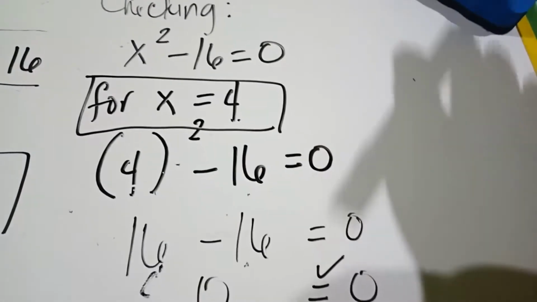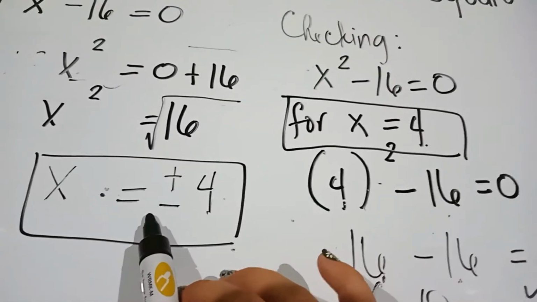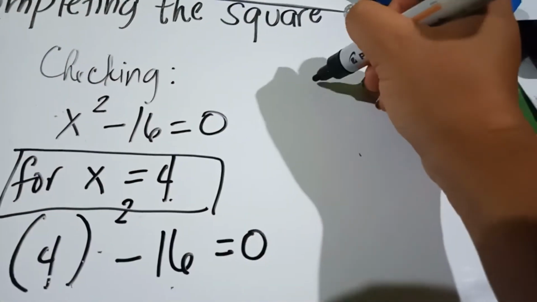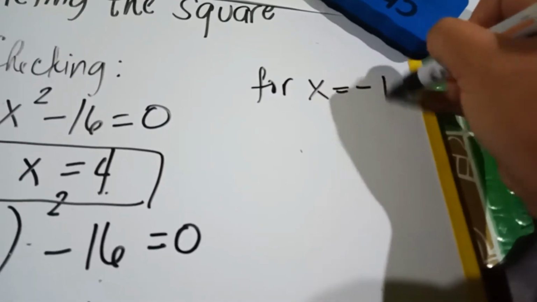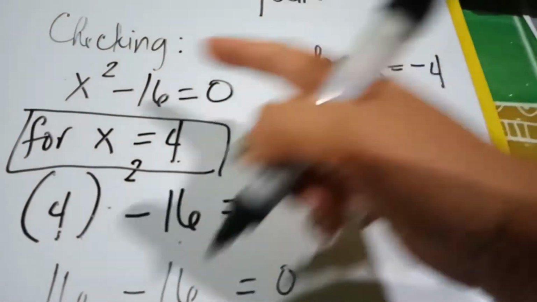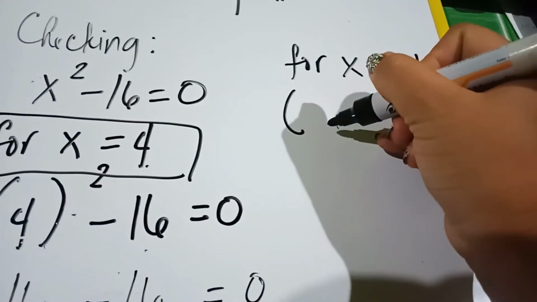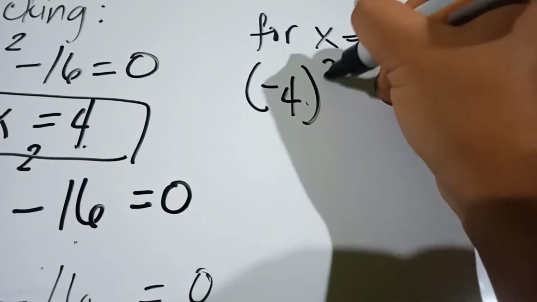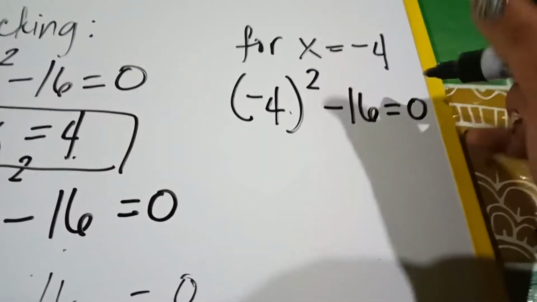Positive 4 rather. Okay, so what about if we are going to substitute negative 4 to the given? Okay, so x is equal to negative 4. So we are going to substitute negative 4 to x squared minus 16 is equal to 0. Instead of x, magiging negative 4. And then squared minus 16 is equal to 0.